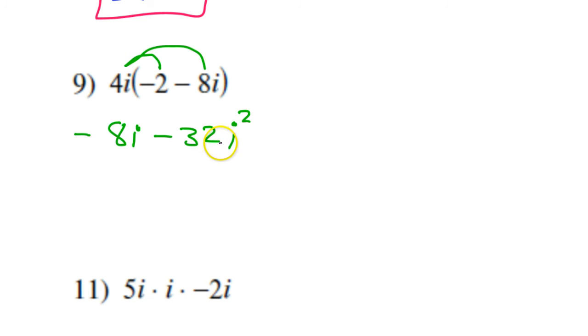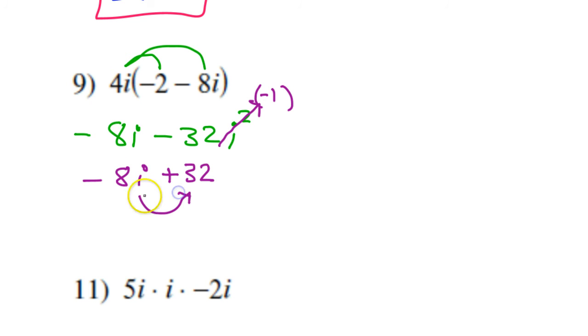So this i squared has a value of negative 1. So really, we are multiplying negative 32 times negative 1. That's going to change this to a positive 32. And I've still got my negative 8i. Last, we need to reverse these because the i term has to come second. So your final answer should be 32 minus 8i.